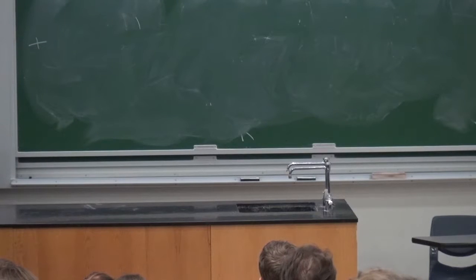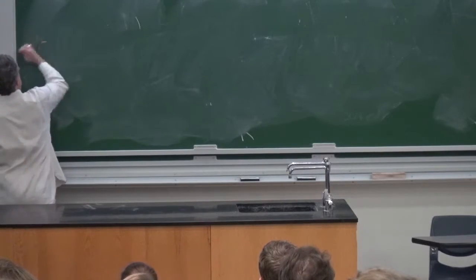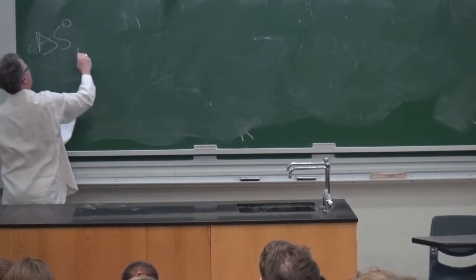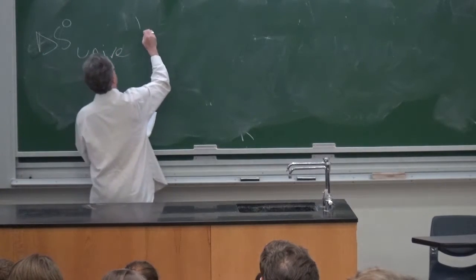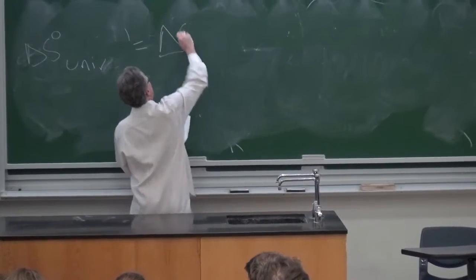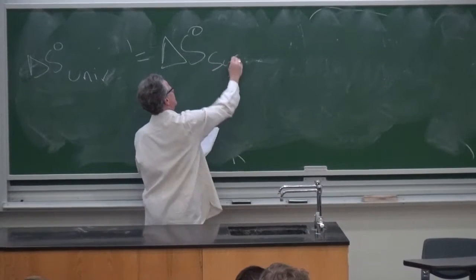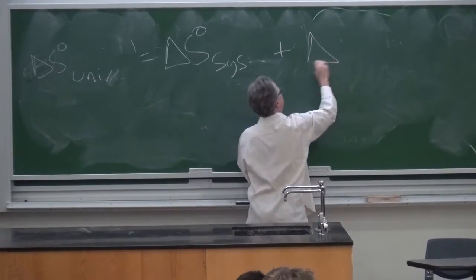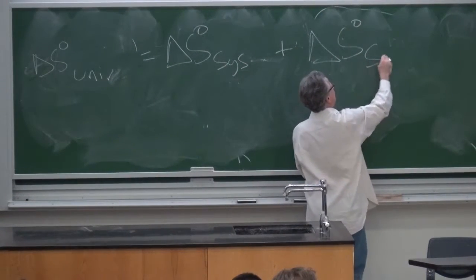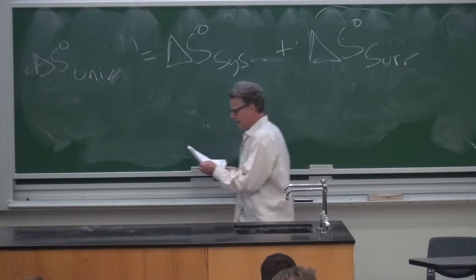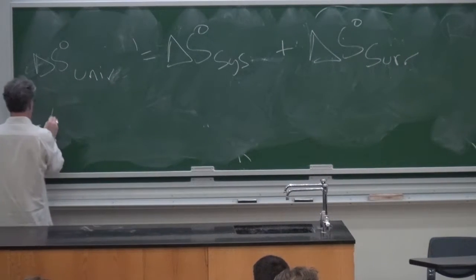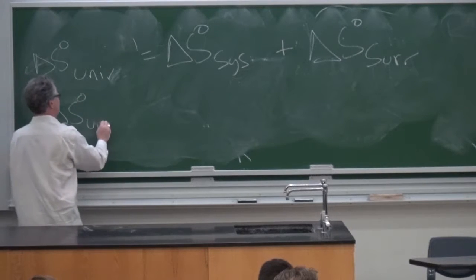Because we got, again, delta S of the universe is delta S of the system plus delta S of the surroundings, and now we have both of those delta S's.